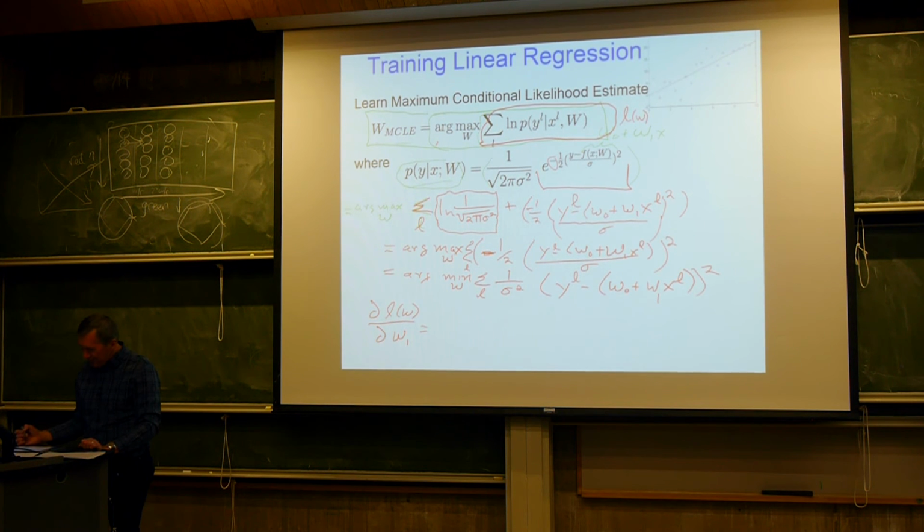Can you see it? It's going to be 1 over sigma squared times 2 times this whole quantity, times the derivative of this quantity with respect to W1.